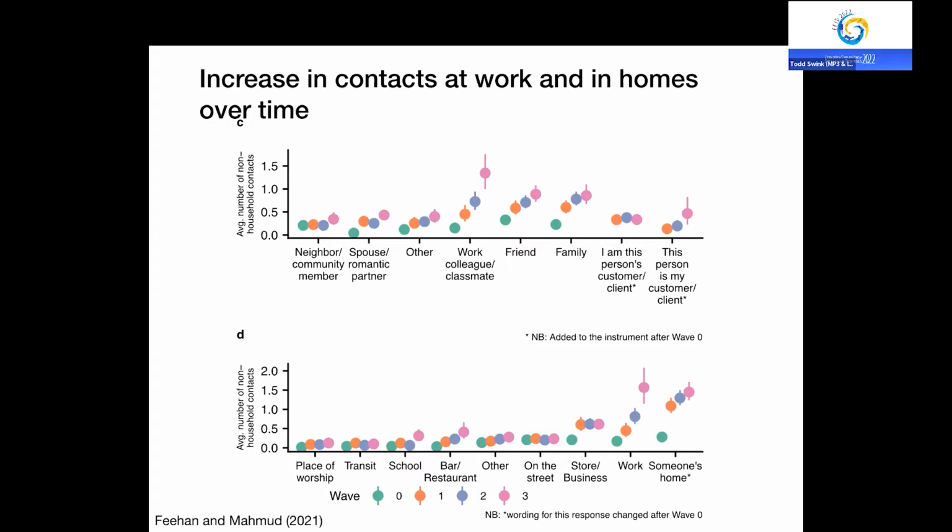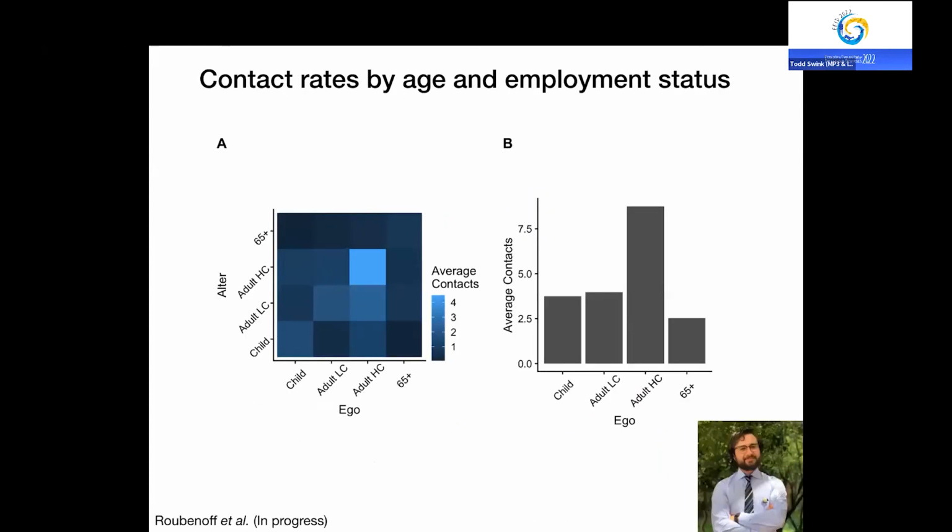And so when we put all of this together, we started to think a little bit about what workplace contacts might look like. And this is work being led by Ethan Rubinoff. He's a PhD student here. And Ethan designed a few sets of questions that we added to our survey in the final round to ask more about workplace contacts.